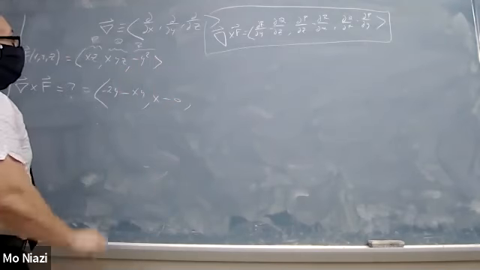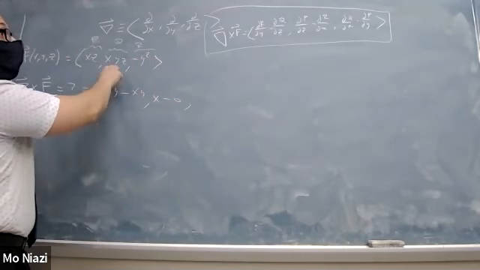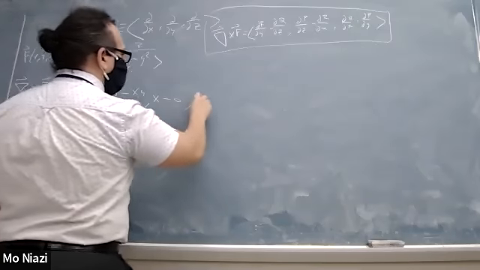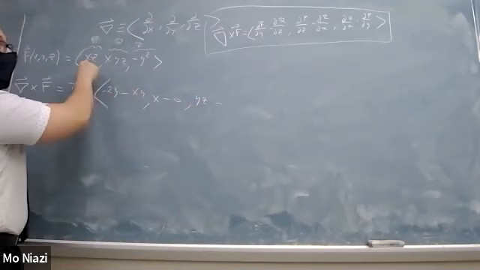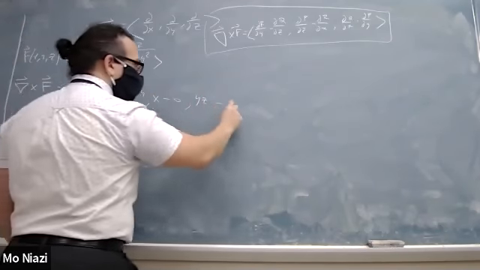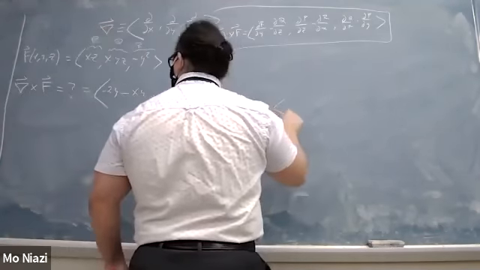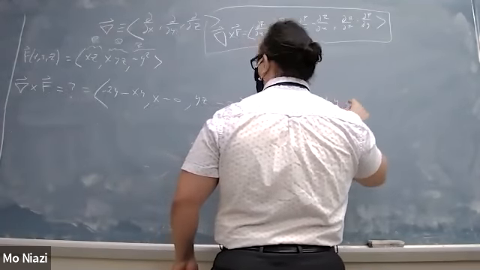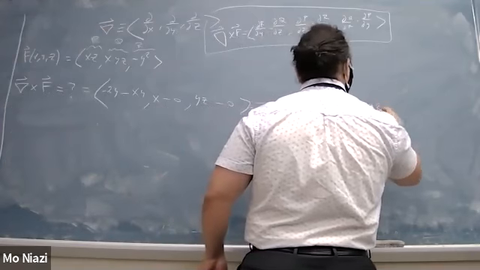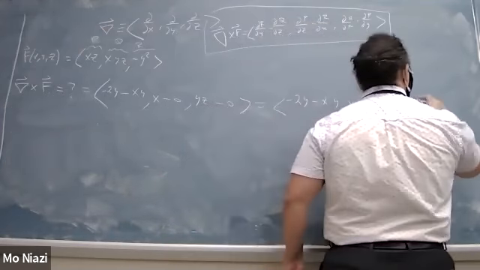Partial Q, partial x is yz, minus what's partial P, partial y? 0. So this becomes negative 2y minus xy, comma, x, comma, yz. This is equal to the curl.